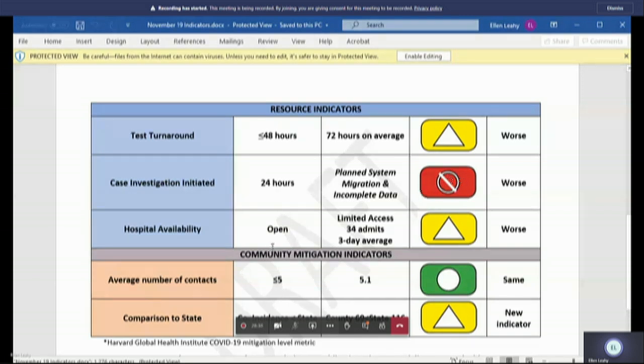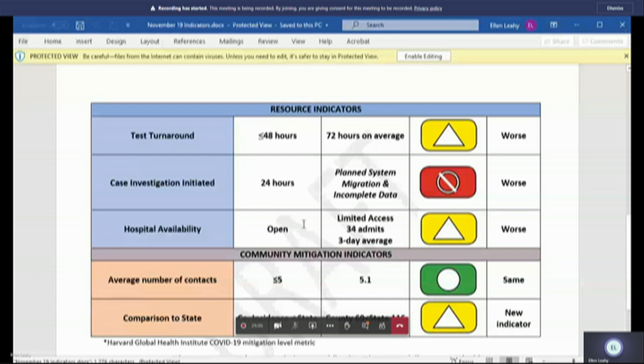Hospital availability, Missoula is better than most of the total 10 major hospitals in the state. We are looking for either it's open for any type of patient, or it's open in a limited way for types of patients and number of beds, or they're on divert. And divert is divert for any reason.